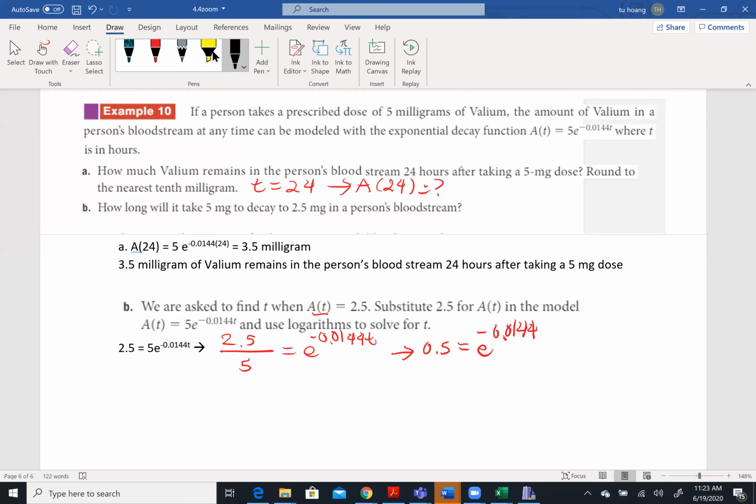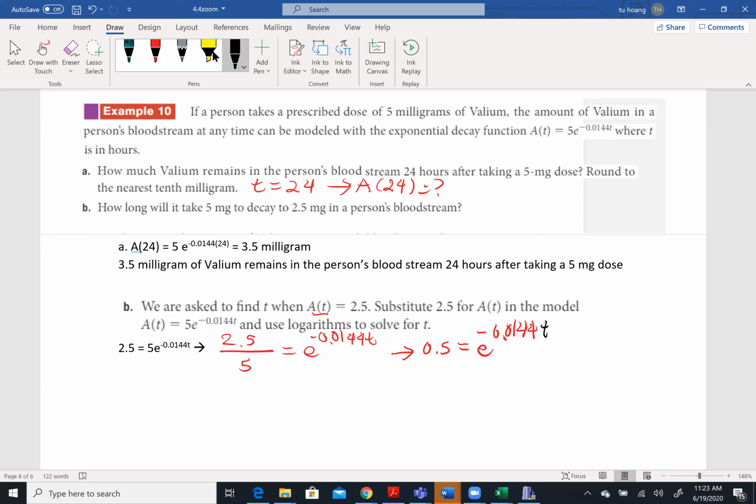So when you want to solve it, you need to think about using the definition of the log and change it to log form. Or you can just take the natural log of both sides.